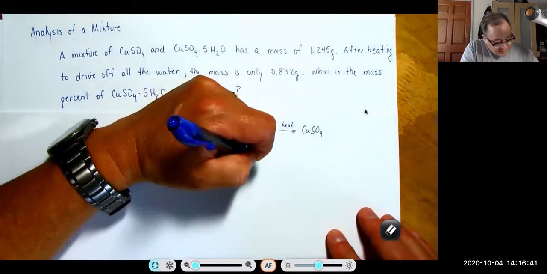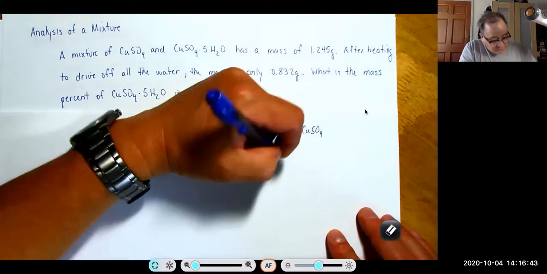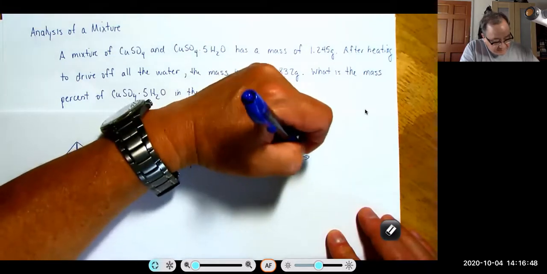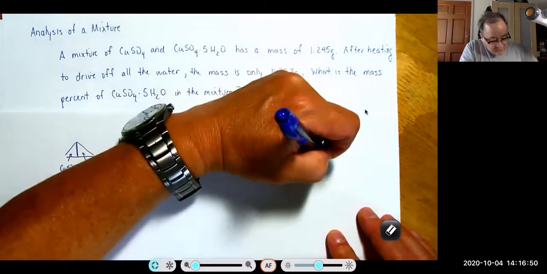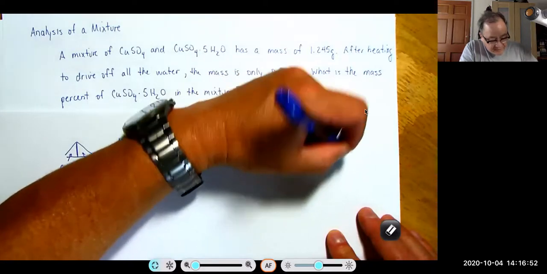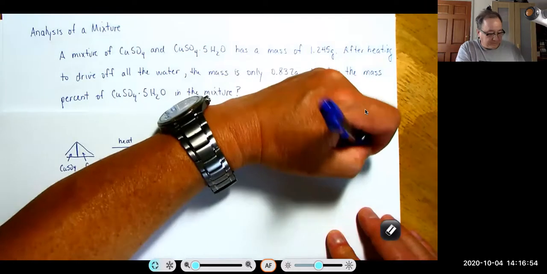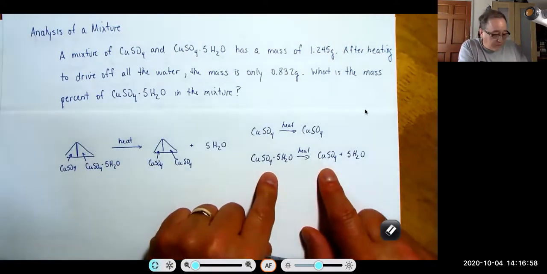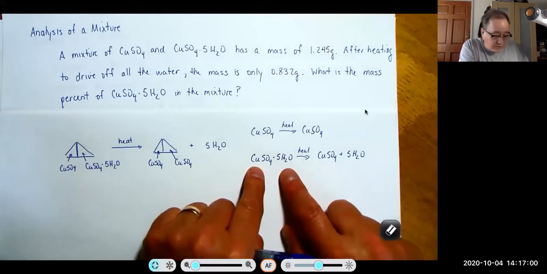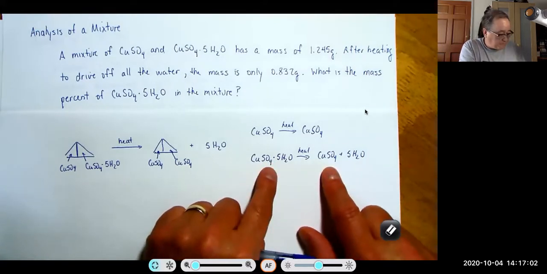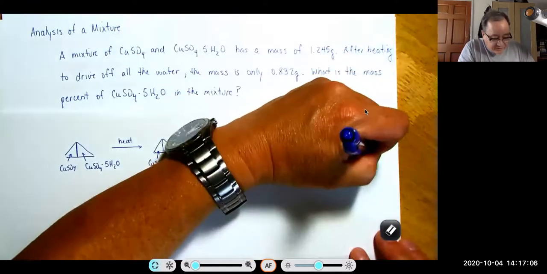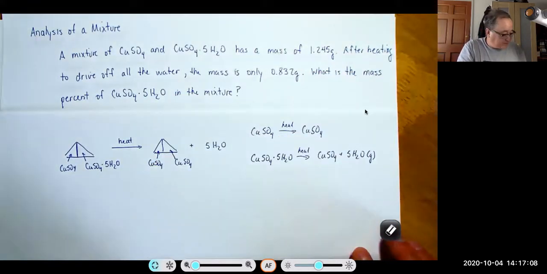However, when you heat the copper 2 sulfate pentahydrate, you turn it into copper 2 sulfate plus 5H2O. So here there is going to be a mass change between what you start with as a solid and what you end up with as a solid. This goes off as a gas, and so this is lost mass.